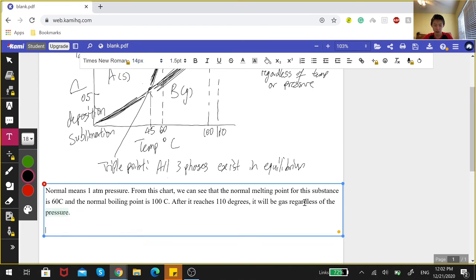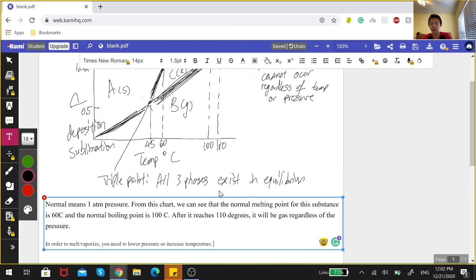And then another thing that you need to know is that in order to melt or vaporize something, in order to go from a solid state to gas or liquid, you need to lower pressure or increase temperature. So let's say you have a solid here. Now if you lower the pressure, that means it can expand more and you're not pressing it as hard.